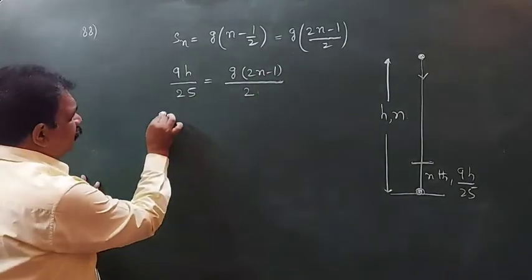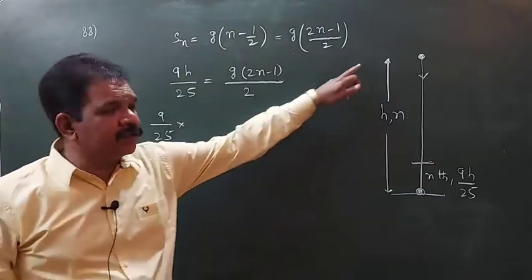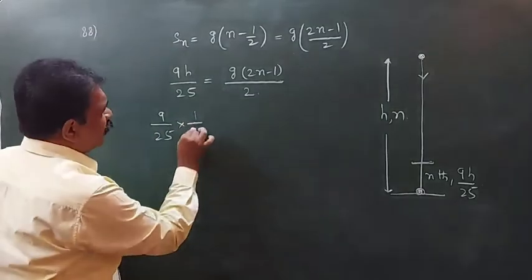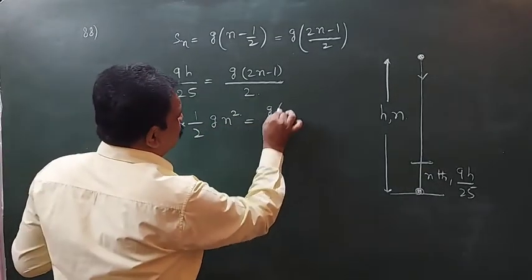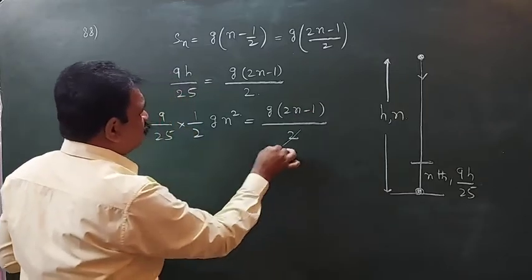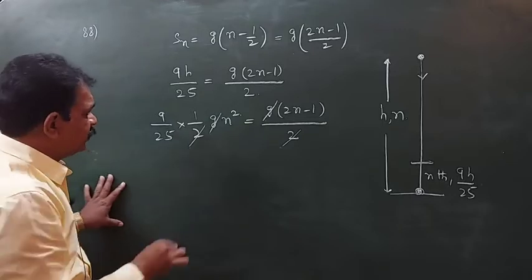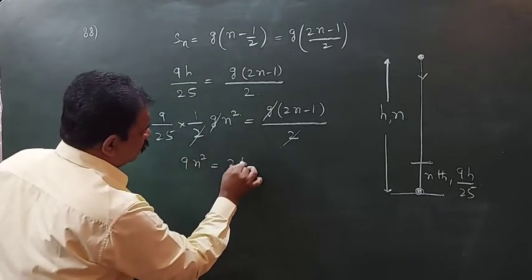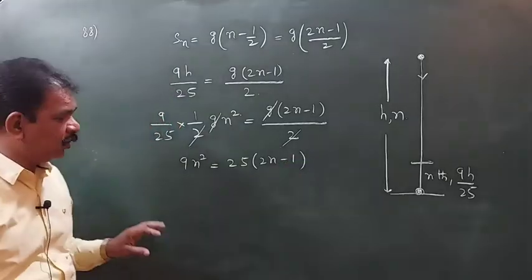This is 9 by 25 of the h value, the distance travelled in n seconds. Formula half g n square is equal to g into (2n minus 1) by 2. On both sides, 2 cancels, g cancels. 9n square is equal to 25 into (2n minus 1).